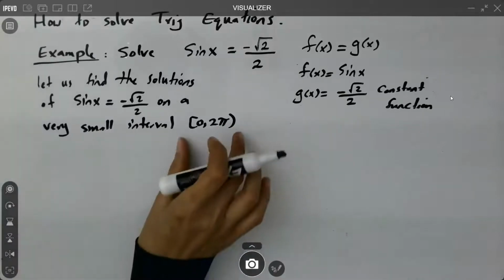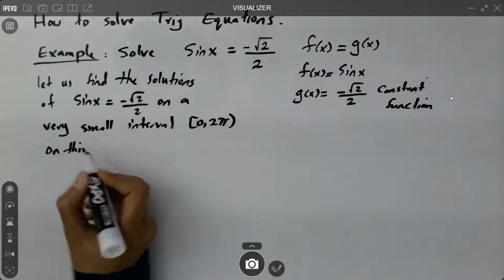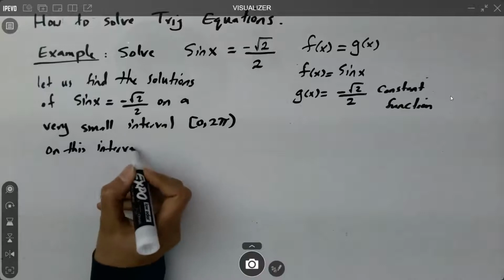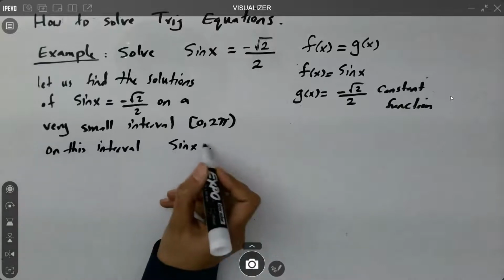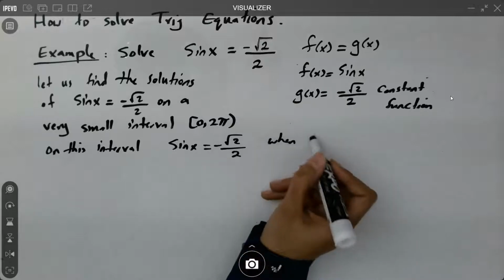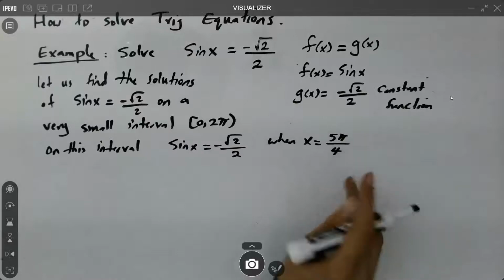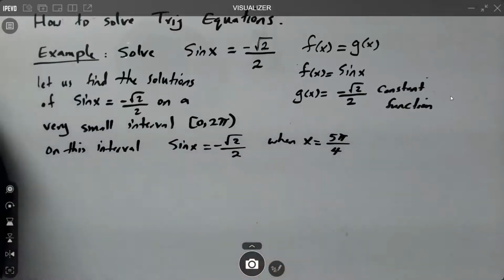So on this interval, sine x is negative square root of 2 divided by 2 when x is equal to 5 pi over 4, which I saw on the graph or memorized from the unit circle.